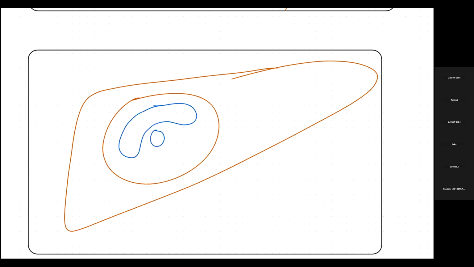Over here we have two enzymes. What are those two enzymes? One is the microsomal enzymes, and the other one is the non-microsomal enzymes. So the liver basically has two enzymes.